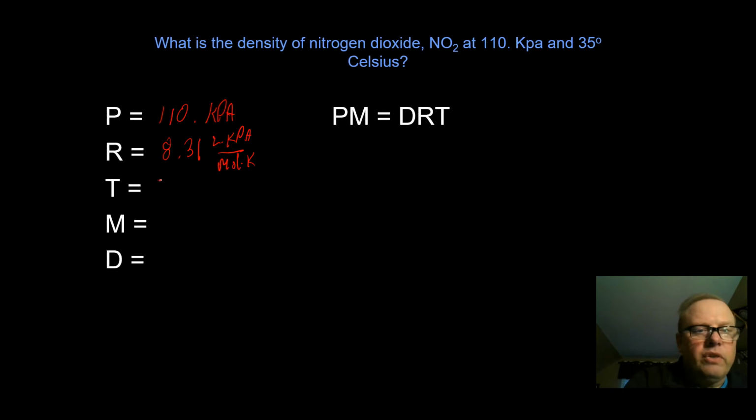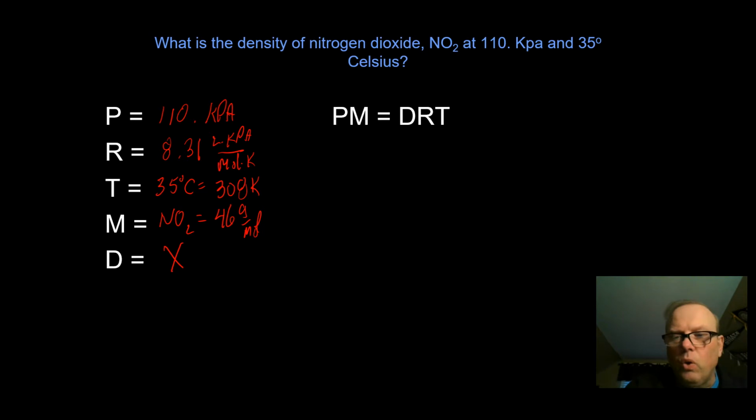T is 35 degrees Celsius, which is then added to and becomes 308 Kelvin. M, because this is NO2, its formula mass is going to be 46 grams per mole. And then D is the unknown. The density of the gas is the X that we're going to try to find.